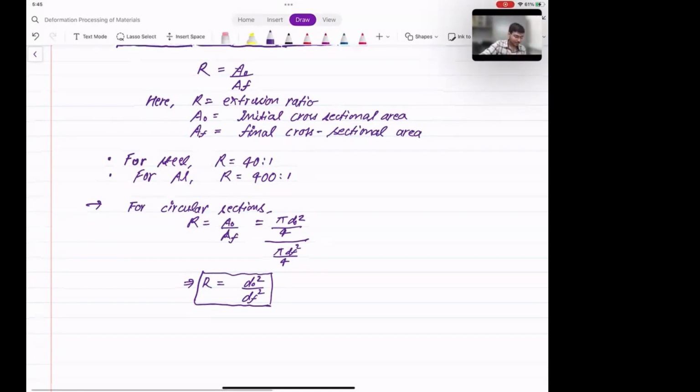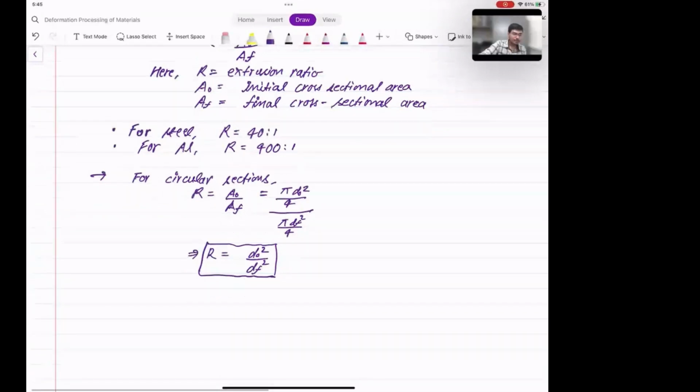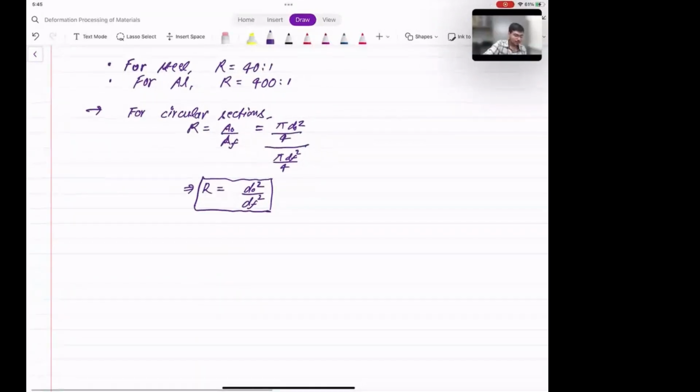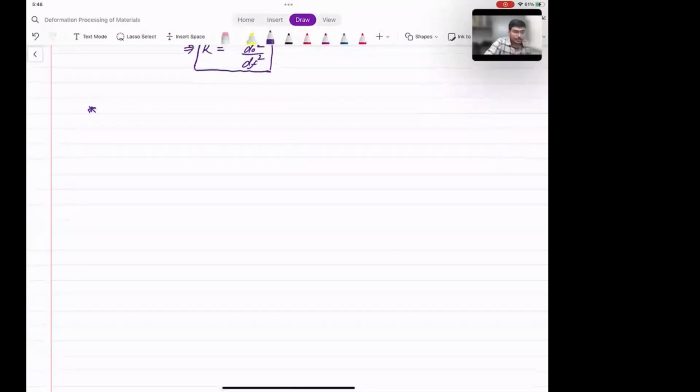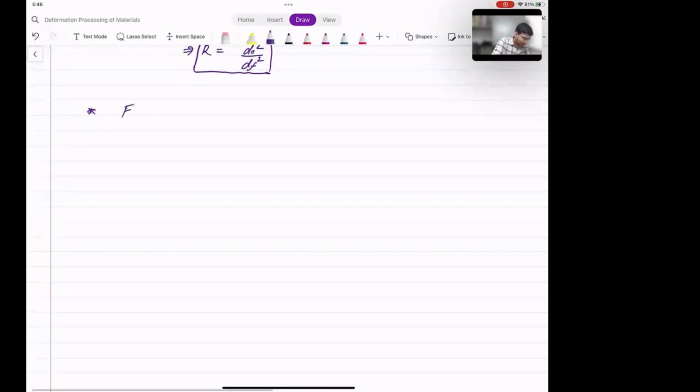Fractional reduction is denoted by r, and this is nothing but change in area by initial area.